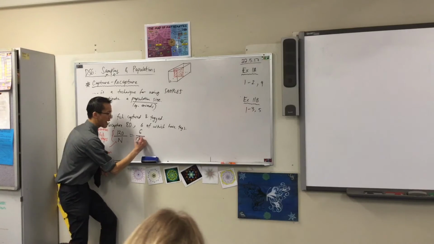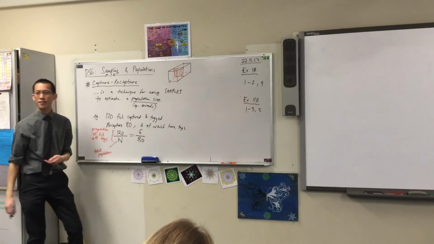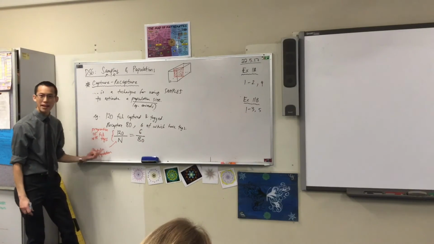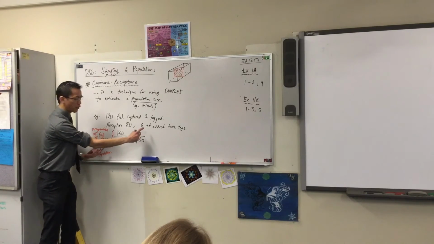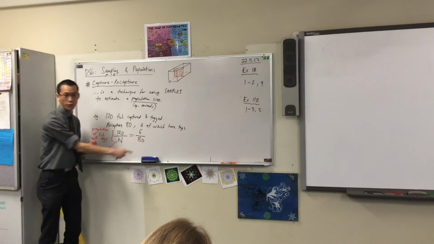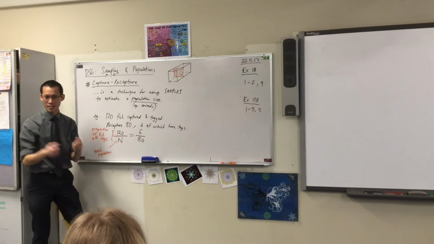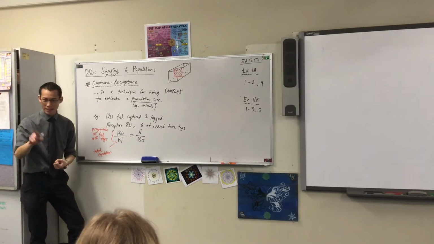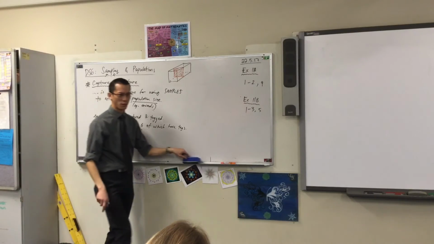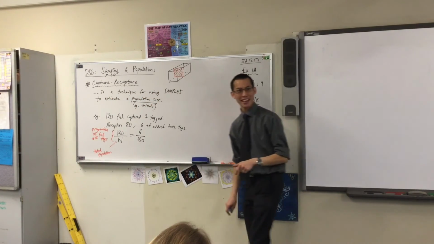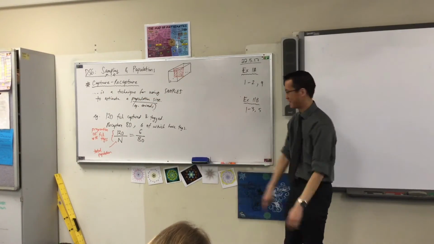So 6 out of 80 have the tags. And this should be identical. This is still the proportion of fish with tags and total fish, right? Does that make sense? So these proportions are equal on different days, at least we hope so. We'll talk about that later. You don't want to put tags on your fish that make them more likely or less likely to be eaten, because that will skew your population.